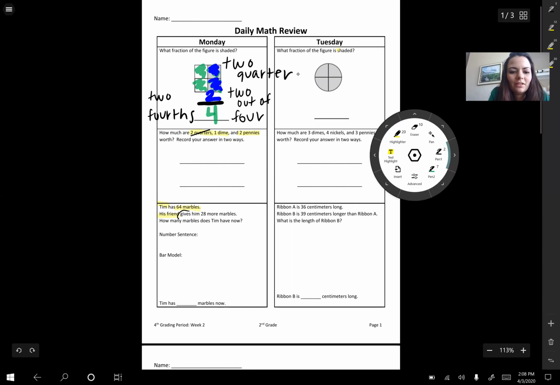That's what's happening. His friend gives him 28 more marbles. So if I read this sentence and see what's happening, I have to decide, what is my operation? What am I going to do? Am I going to add, subtract, multiply, or divide?